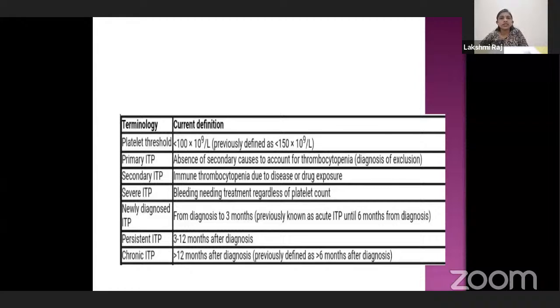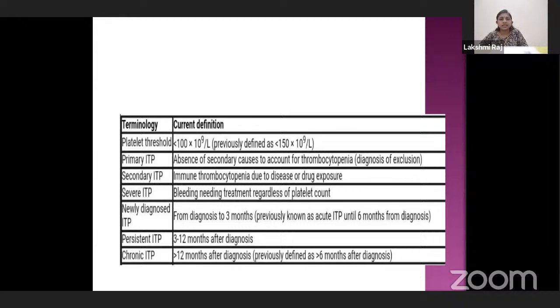And when these causes are not present, it is primary. Then what is severe ITP? Severe ITP means severe bleeding, regardless of the platelet count. So here we tell the severity based on the bleeding, not based upon platelet count. Whatever the platelet count, if the patient is having severe bleeding that needs treatment, then it is severe ITP.